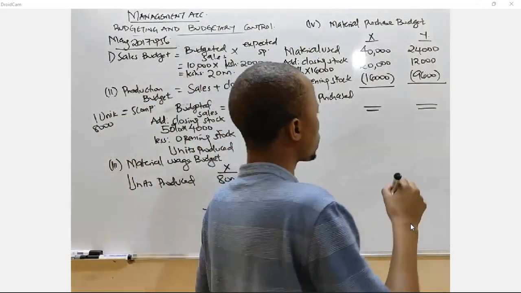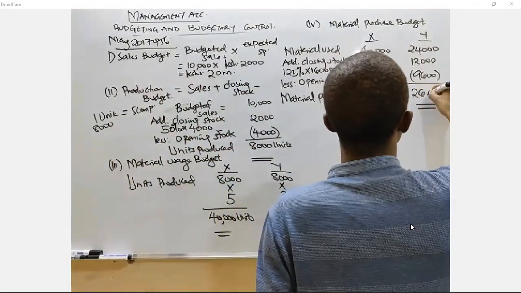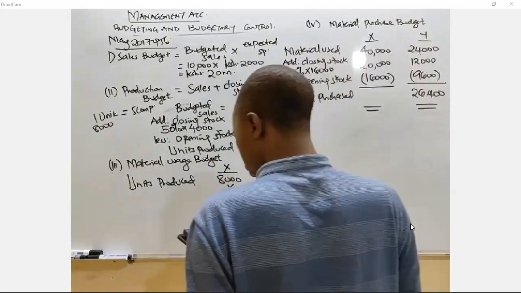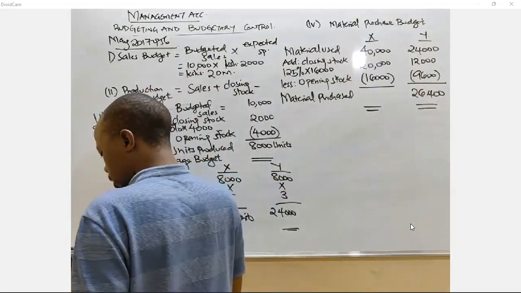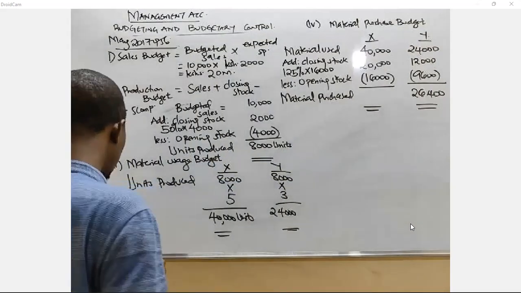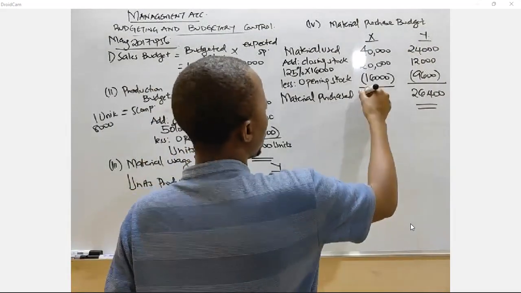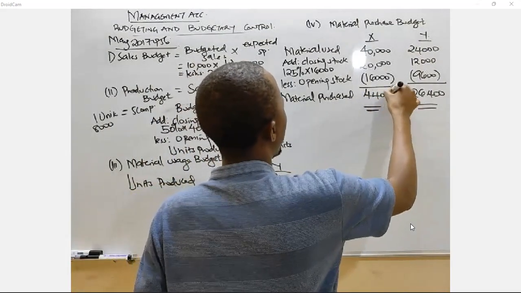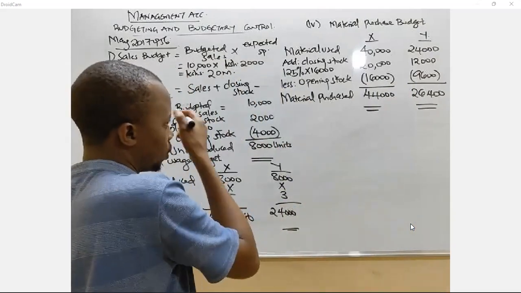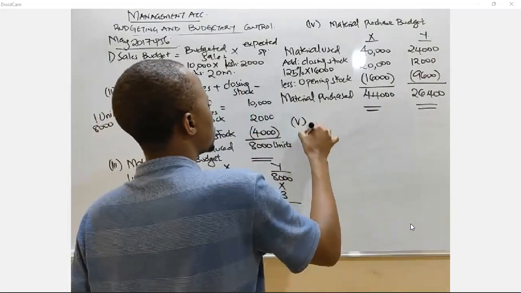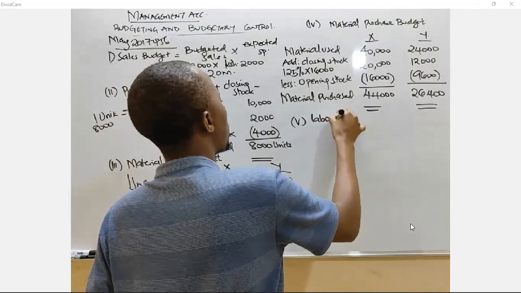We are getting 26,400. Then the first one will be 60,000 minus 16,000, getting around 44,000. Note number 5, the examiner is asking you about the labor budget.